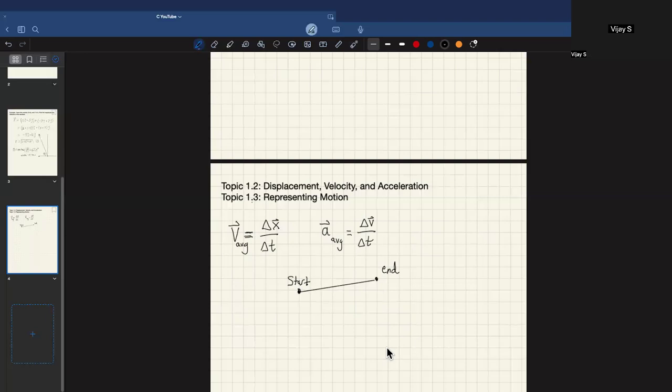I say how long I want it to take me to get between start and end, and then I divide that displacement, that path length, because it's the shortest path length between the two, by time, and I'll get my average velocity.